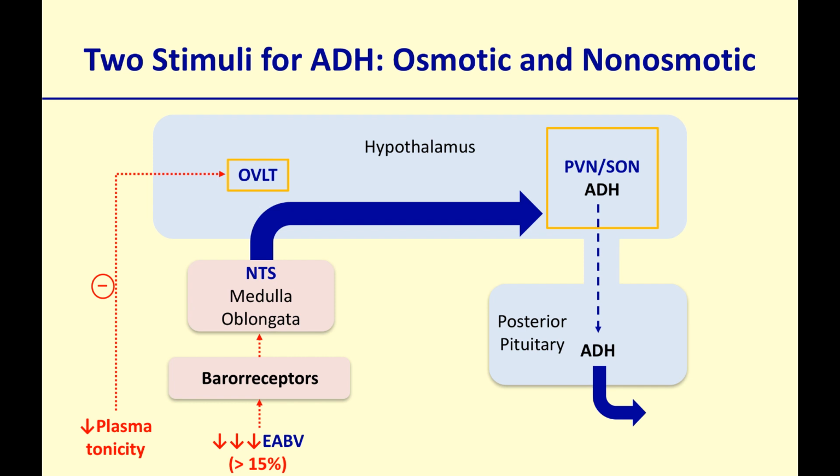Well, the stimuli for ADH from hypovolemia is much stronger, because the body always tries to take care of the volume first before the tonicity, because volume is what's going to kill the person faster. So that's why I'm making the arrow for low effective blood volume stimulating ADH much thicker, suggesting that the stimuli from hypovolemia is much stronger than the stimuli from low plasma osmolality.